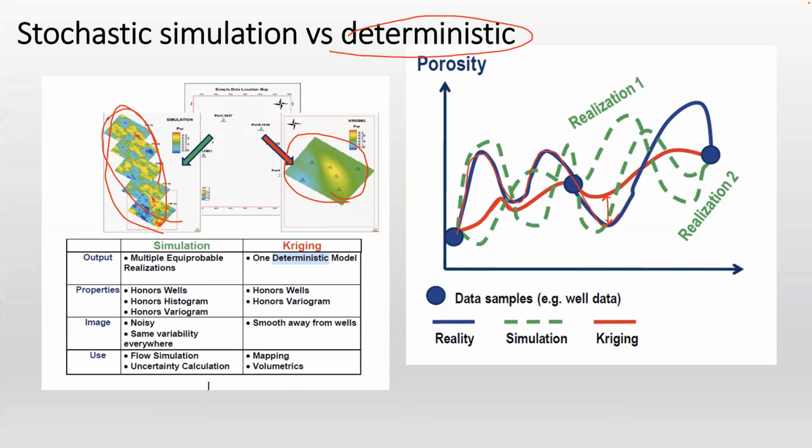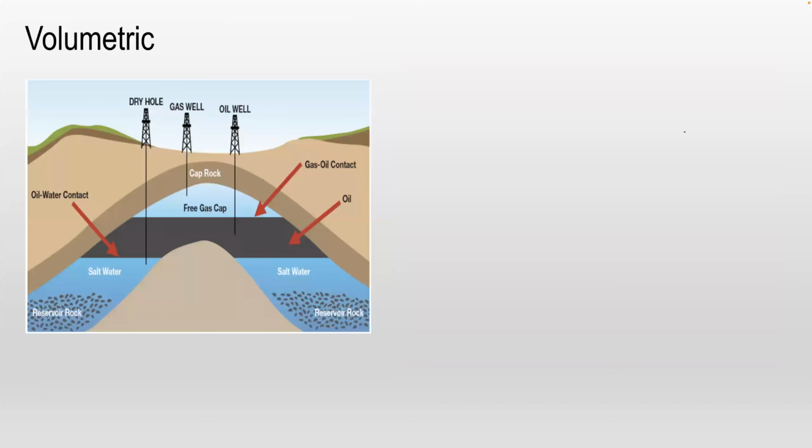If you have a low number of wells, or if you don't work with very high numbers, it's better to use this type of algorithm to create a model, because it gives you different realizations, and based on your different realizations, you can make a decision about it.